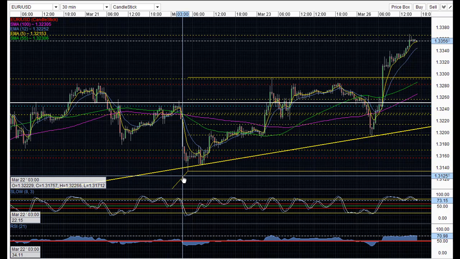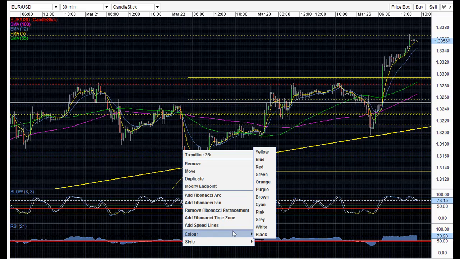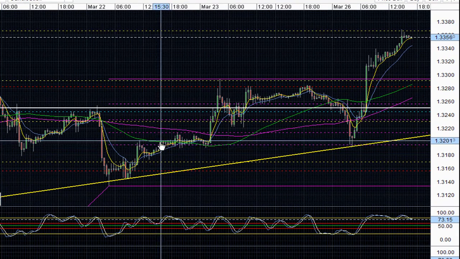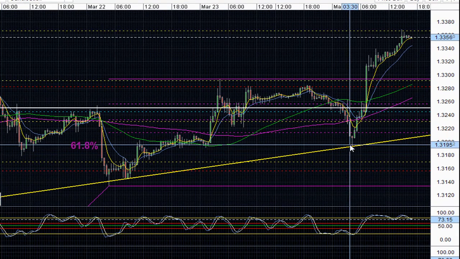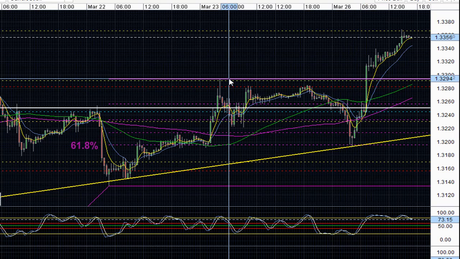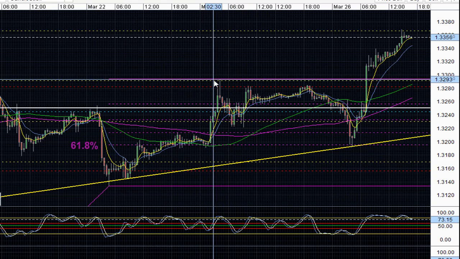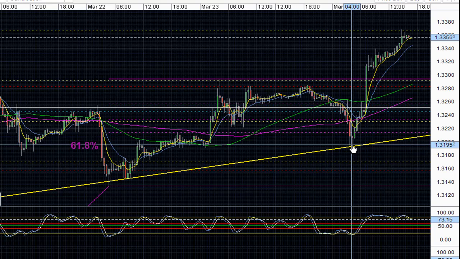Let me change the color of this to purple. You can see, if you glance across, that this was also where our 61.8% retracement level was drawn in. So you can see this last swing up from Friday, from last week, created this 61.8% retracement level.